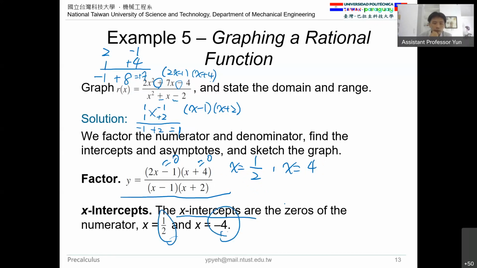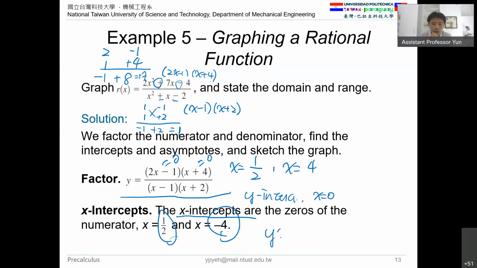And then the next step is the y-intercept. For the y-intercept, we simply let x equal 0.